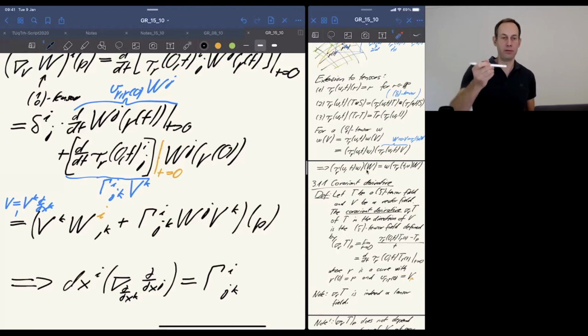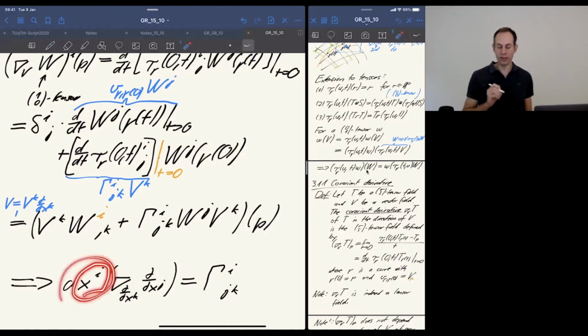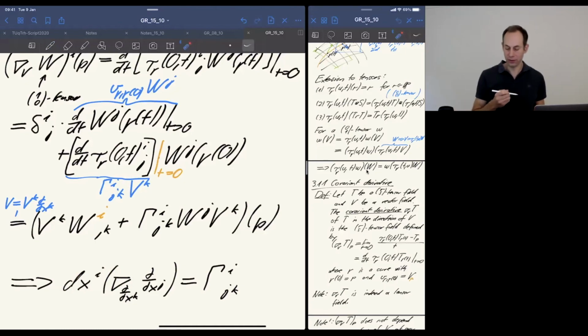For example, this could be the forward direction. Then there will generally be a change. So generally the moved vector will maybe no longer be aligned with the coordinates. And now this dx i extracts the i's coordinate of how the vector changed.